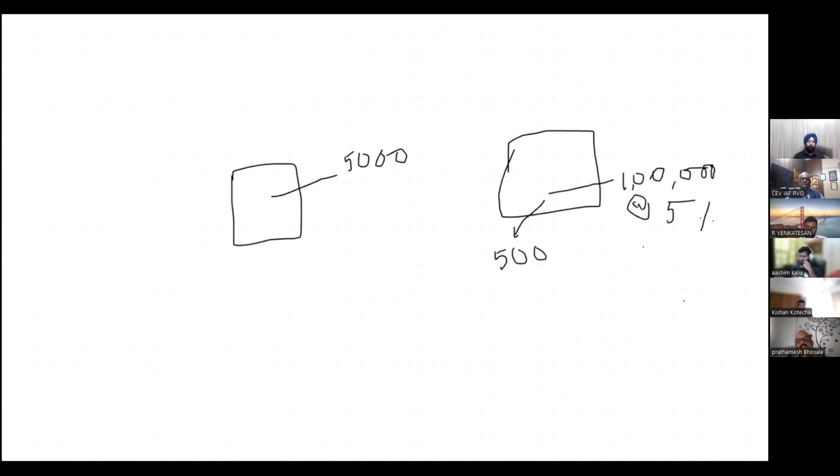You are getting 5,000 as rent from your building, and your friend is getting an interest of 5,000.